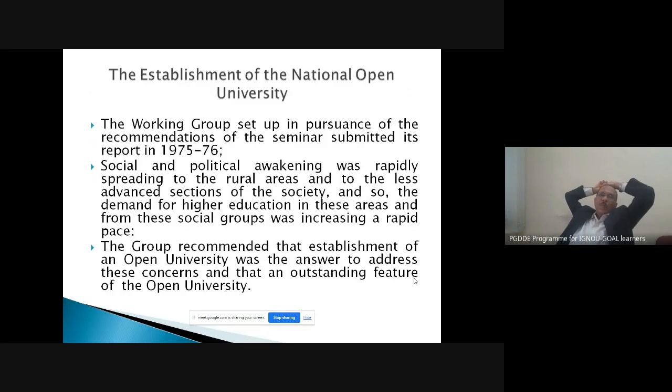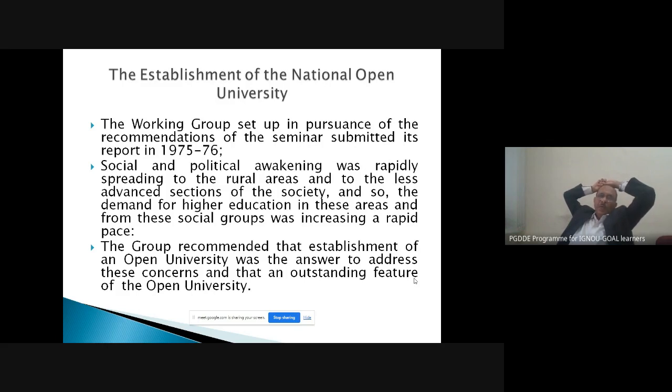But the working group appointed by the Government of India in 1975-76 submitted a report, noting that social and political awakening was rapidly spreading to rural areas and the less advanced sections of society, and the demand for higher education was gradually growing.